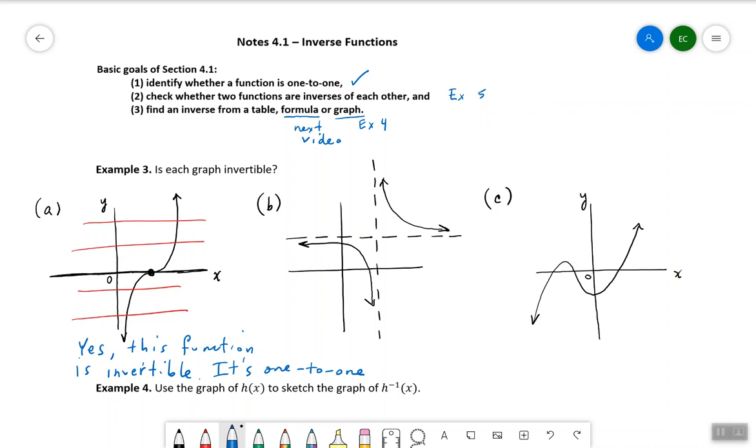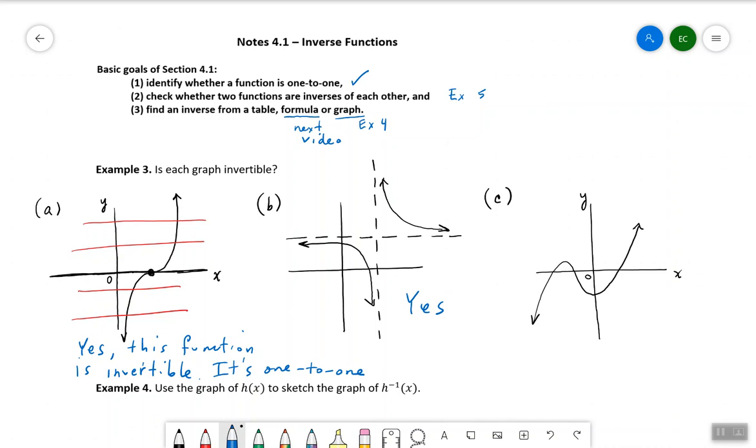The next graph looks like a rational function that we studied in section 3.5, and so does it pass the horizontal line test? Think about it. The answer is yes. It does pass the horizontal line test. It is one-to-one. It is invertible.